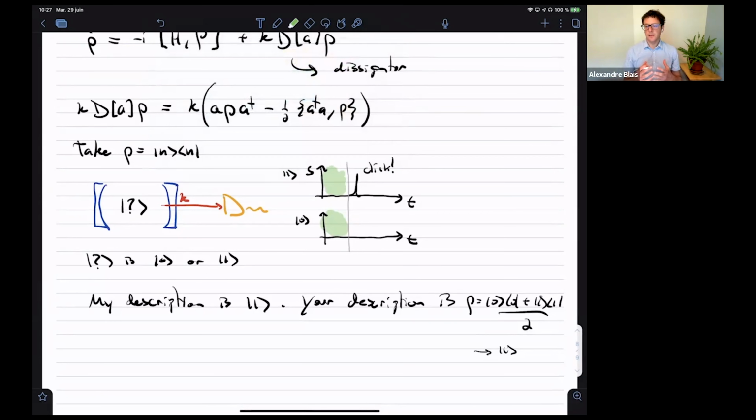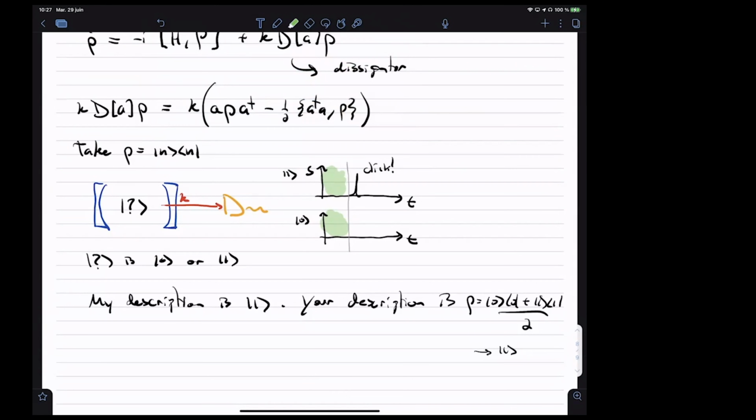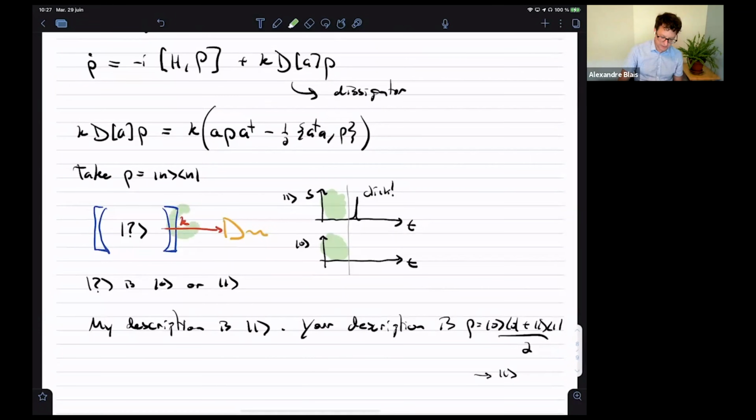You're confident when you've waited many inverse kappa, when you've waited for way longer than the typical decay time of a photon, which is 1 over kappa. So once you've waited many 1 over kappa, you should be confident that there was no photon.